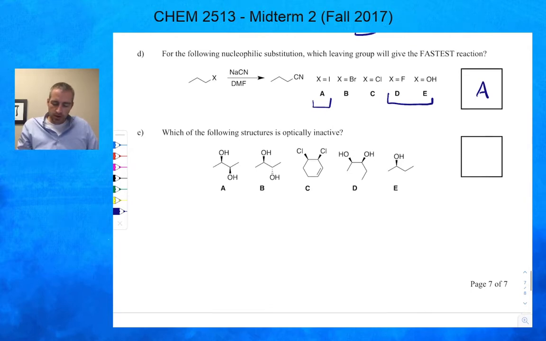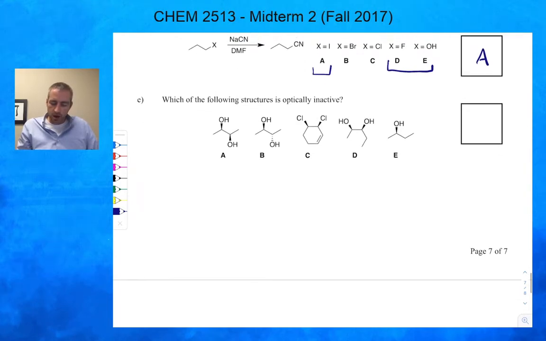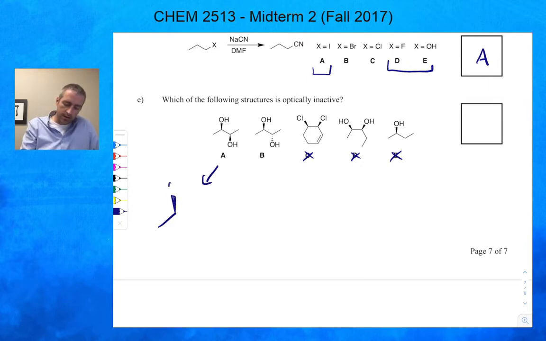Which of the following structures is optically inactive? So all of these have chiral centers. So we're looking for one that's meso. So it's not E, it's not D, it's not C. None of those have mirror planes. Between A and B, in order to see if there's a mirror plane, you have to draw it in the eclipsed conformation. So that would look like the methyl down there too.